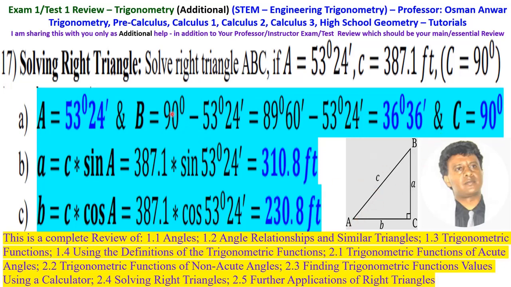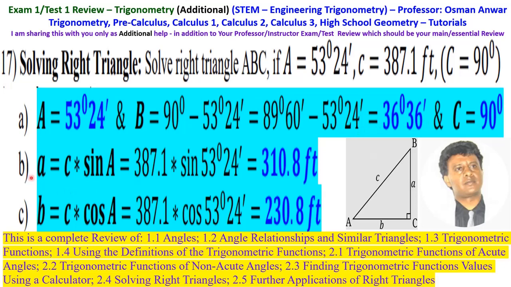That means B is 90 minus 53 degrees 24 minutes, which is, borrowing 1 degree, 89 degrees 60 minutes minus 53 degrees 24 minutes. 60 minus 24 is 36 minutes, and 89 minus 53 is 36 degrees. So angle B is 36 degrees and 36 minutes.